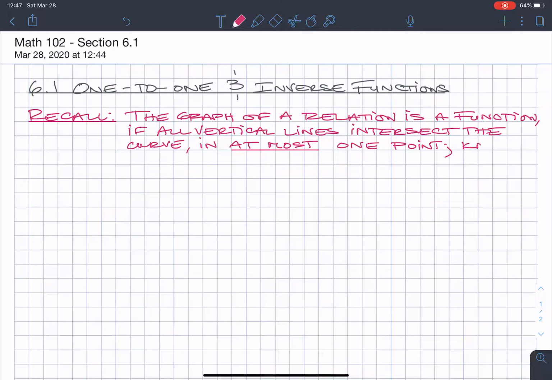Known as, of course, the vertical line test.